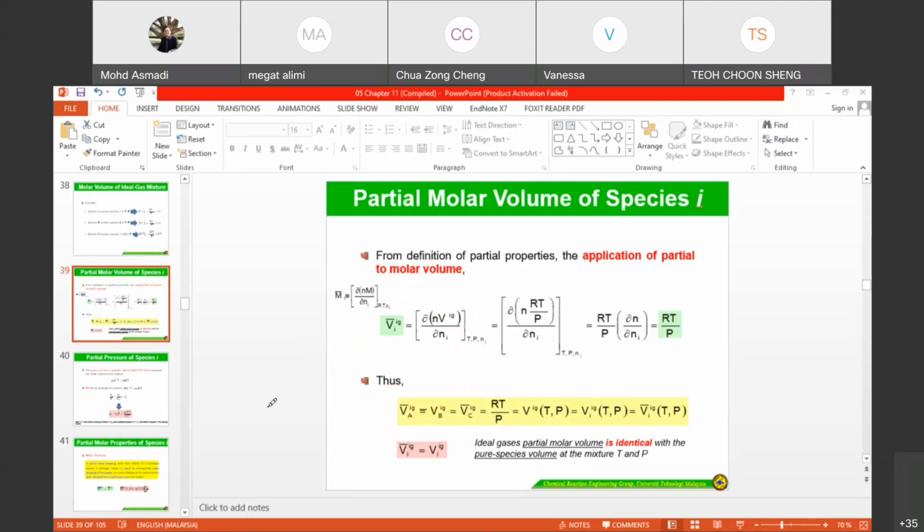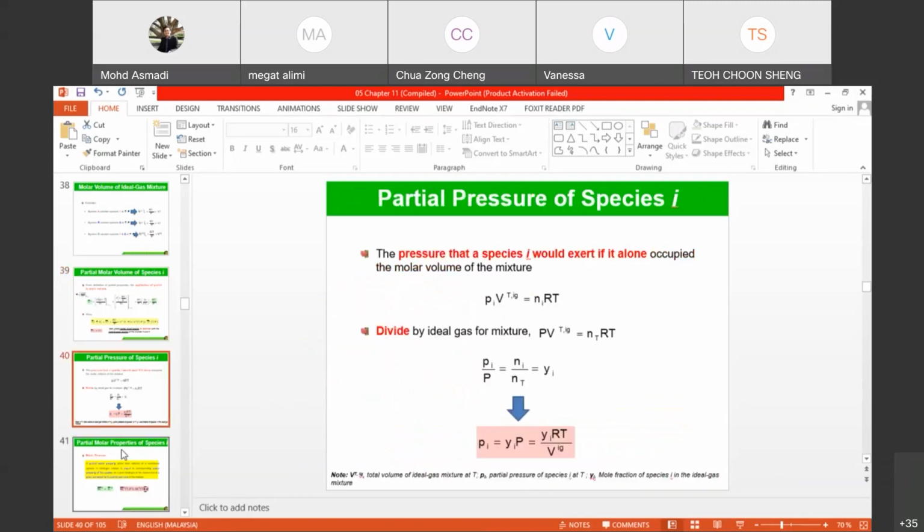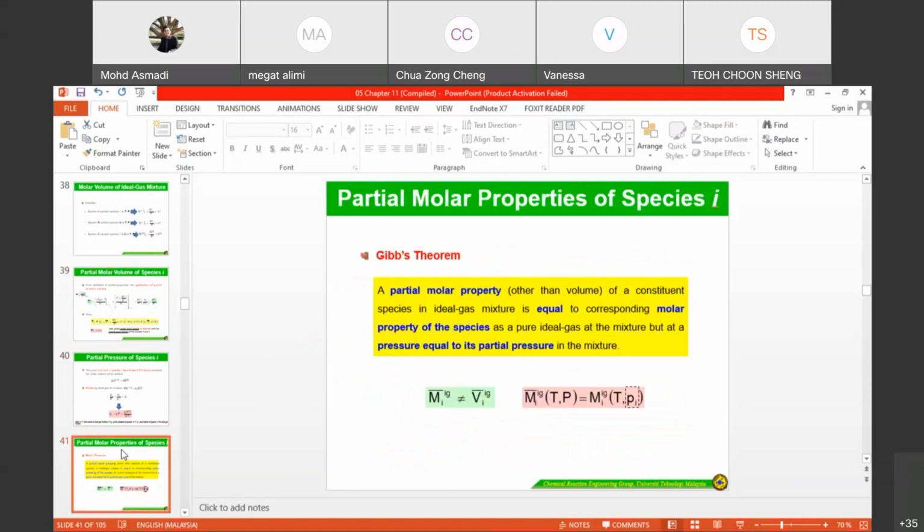Okay, so from this one, we can define, based on Gibbs' theorem, the partial molar properties other than volumes. Look here: the partial molar property other than volume of a constituent species in an ideal gas mixture is equal to the corresponding molar property of the species as a pure ideal gas at the mixture temperature, but at a pressure equal to its partial pressure.